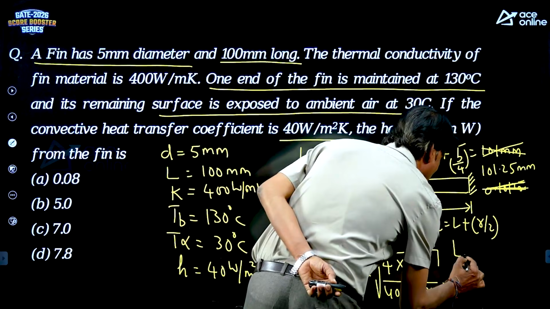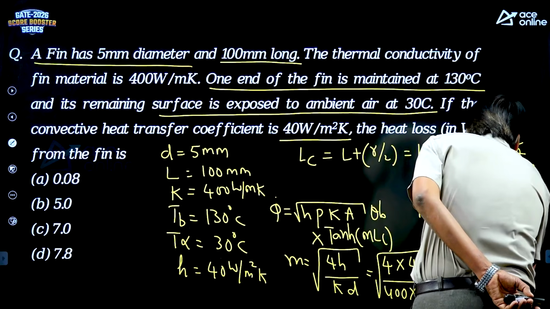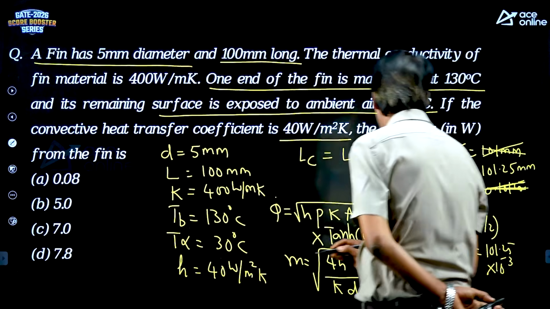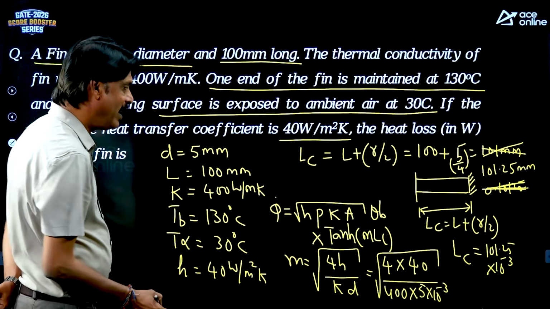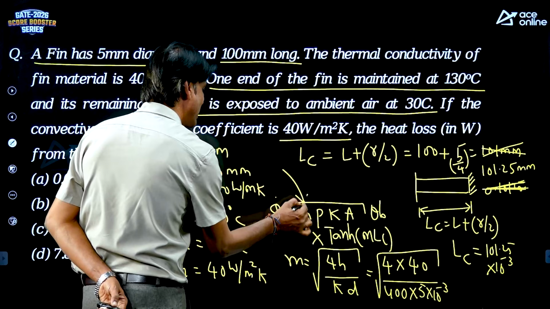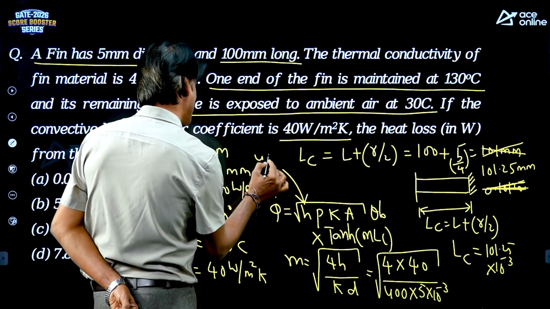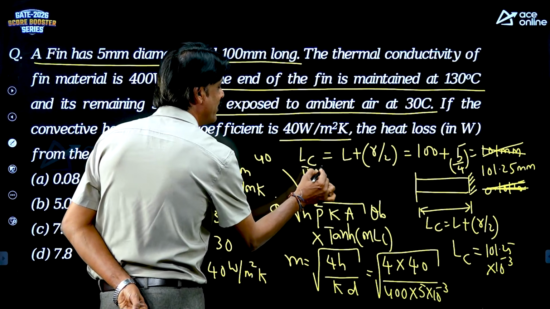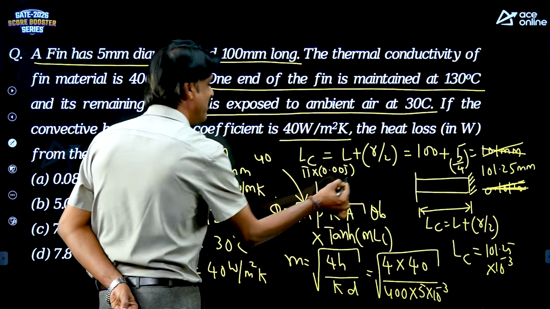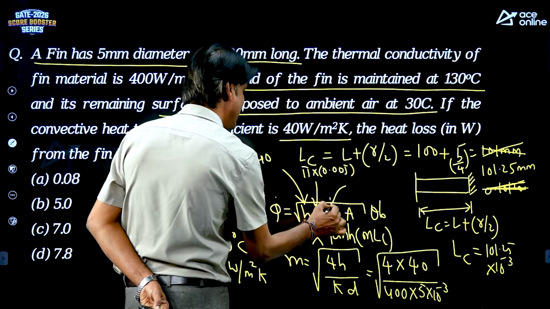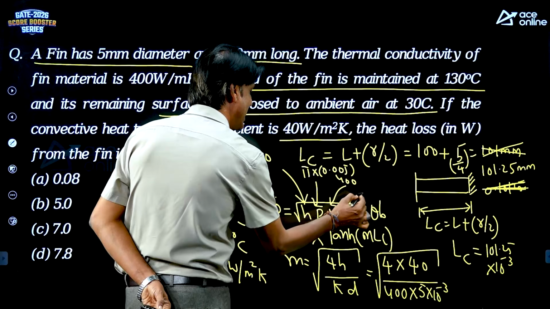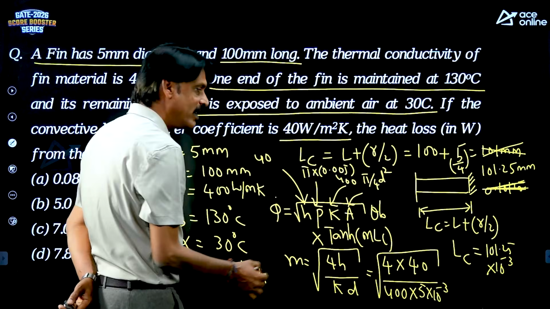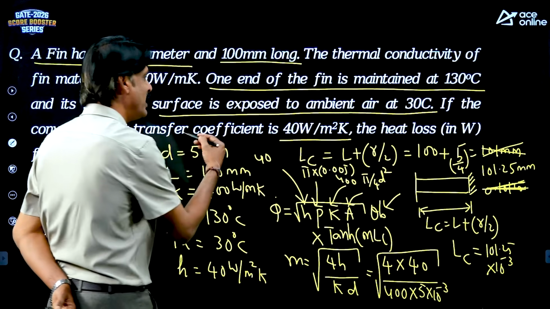LC is 101.25 into 10 power minus 3, so m LC is known. h is 40, perimeter is pi into D, pi into 0.005, thermal conductivity 400, area pi by 4 D square, theta b is 130 minus 30, 100.